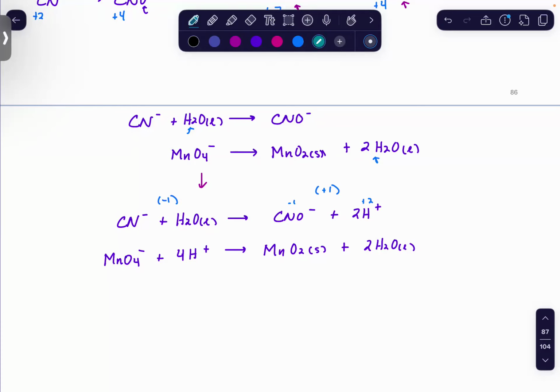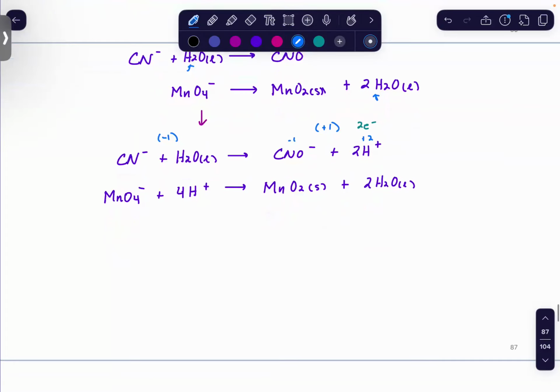That means I'm going to need two electrons on this side to make both sides a -1. Let's look at the manganese equation. I have a -1 and a +4, total charge of +3. And I have 0, 0, so total charge is 0, which means I'm going to need three electrons on the left to make both sides equal 0.